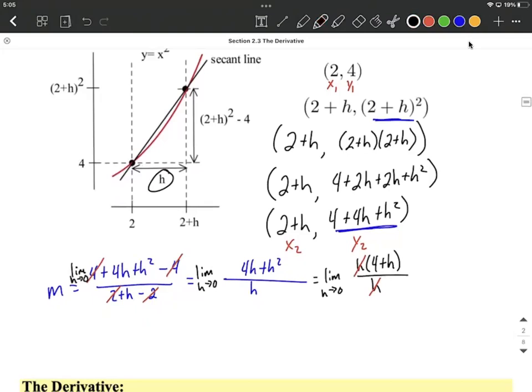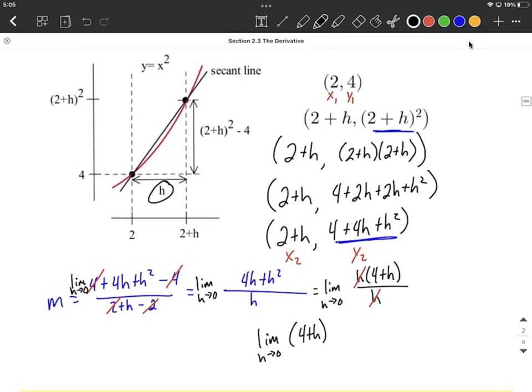This will give us the limit as h approaches 0 of 4 plus h, but at this point it's okay to replace the h with 0 as we take this limit, because we're not going to be dividing by 0. So 4 plus 0 is the same thing as 4, so that means the overall slope of what we call the tangent line at x equals 2 is going to be 4.